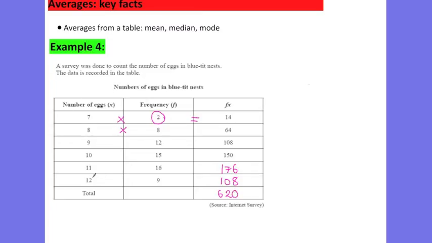If our data is grouped and we do not have a single value for 8, for example, we could have 0 to 4. In this case, we must take the midpoint, 2, and this becomes our value for x. Then we multiply our frequency.